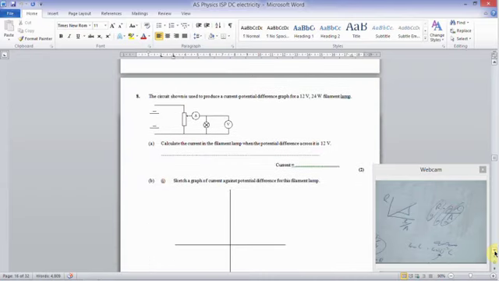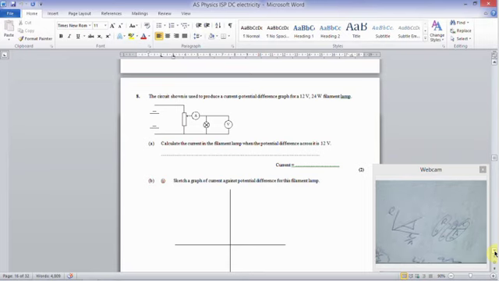Right. So this shows a current potential difference graph for this circuit, used to make a current potential difference graph for a 12 volt 24 watt filament lamp. Calculate the current in the filament lamp when the potential difference across it is 12 volts. Right, so they want the current when the potential difference is 12 volts.